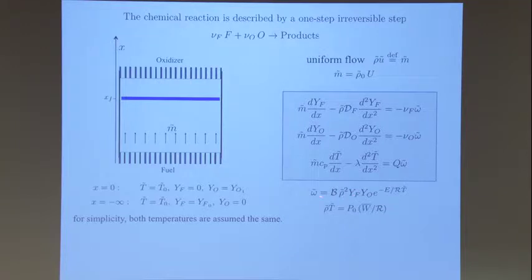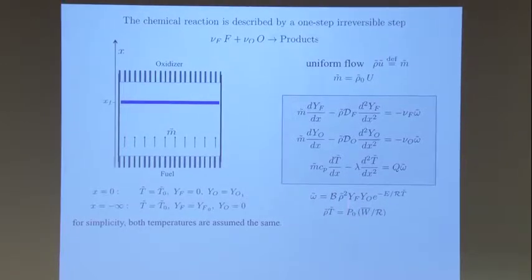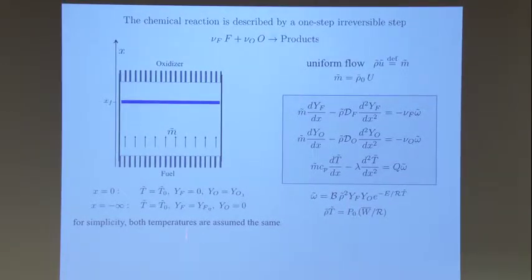And the reaction rate is proportional to the mass fraction of the fuel and the oxidizer and the Arrhenius term. The boundary conditions are obvious. There is fuel here, no oxidizer on the top at this boundary, the green line. There is oxidizer and no fuel. And the mass flux through is constant. This is the M tilde.